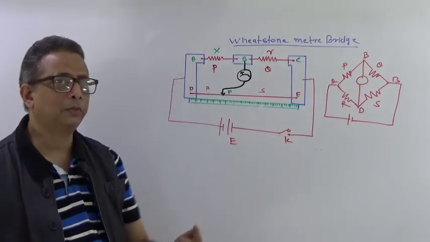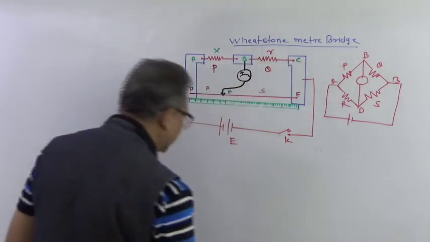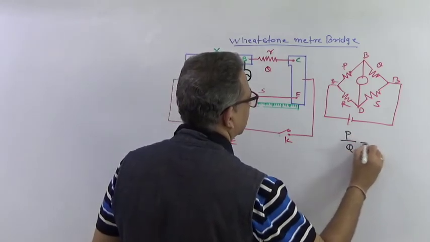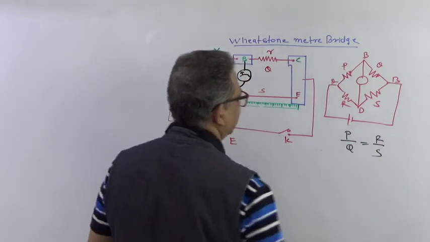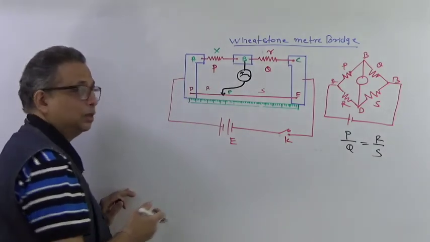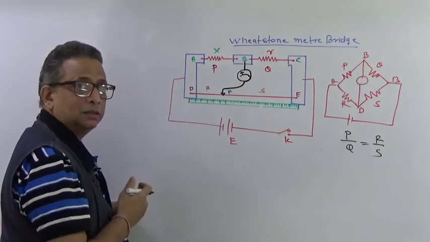At that point, the criterion of a balanced bridge is satisfied. What is the criterion for a balanced bridge? P upon Q equals R upon S. The same should happen over here. If the galvanometer shows 0, the bridge is balanced.